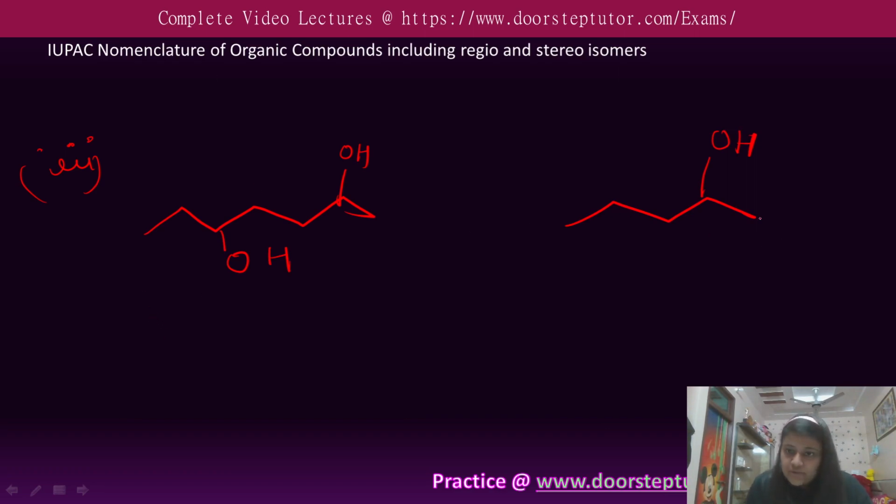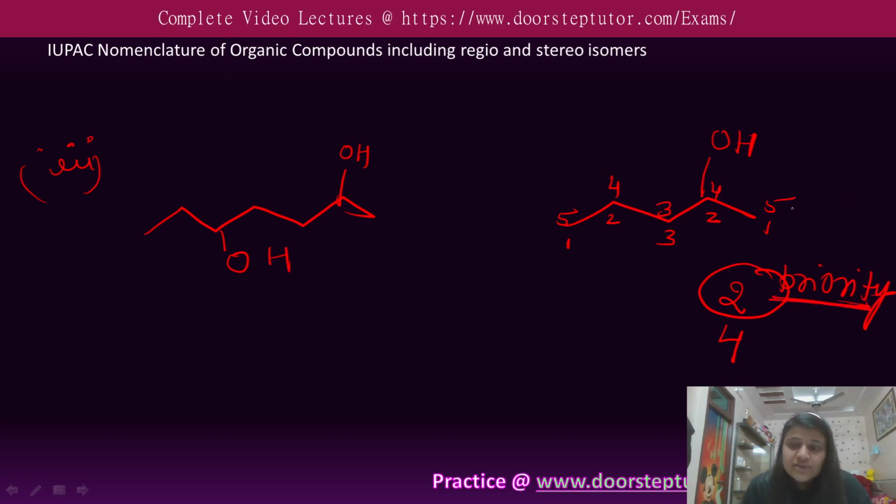Okay, for example, consider 1 2 3 4 5. I have given it the second number. I can also change the numbering like this, 1 2 3 4 5. So my substituent is on the second position or the fourth position, and I should prioritize the second position.